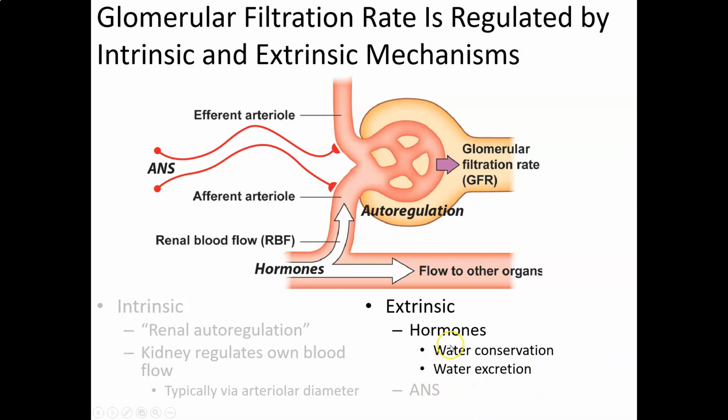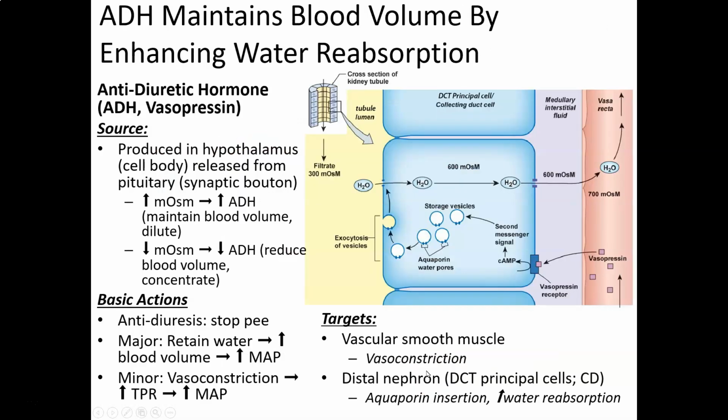So not surprisingly, from that point of view, we have 3 different known water conservation hormones and only 1 known water excretion hormone. So we'll look at the ones that help to conserve water first. So remember, the long-term regulator of blood pressure is blood volume. So these first 3 hormones that help to increase blood volume also help to increase blood pressure.